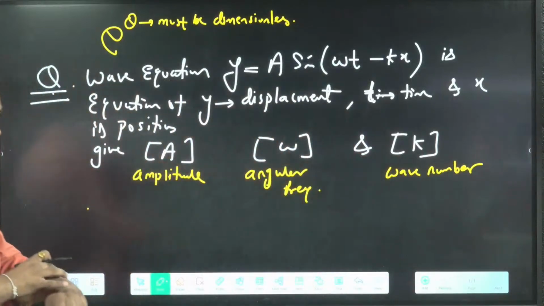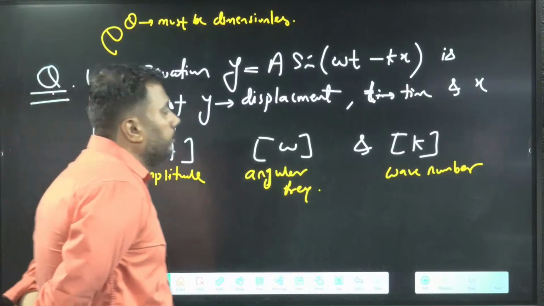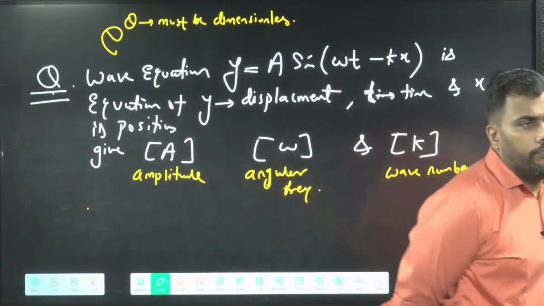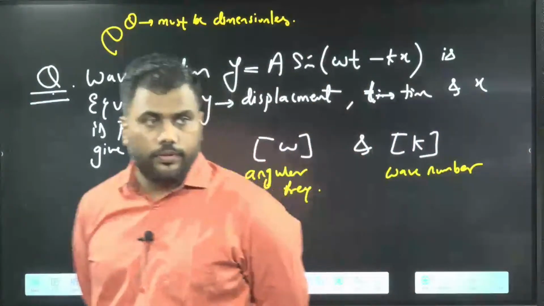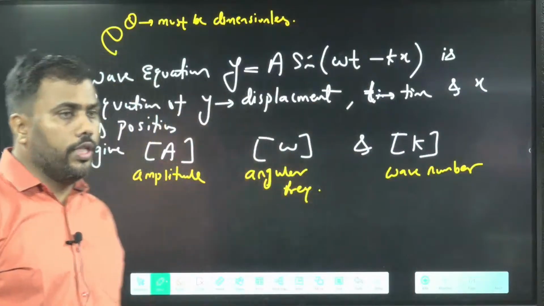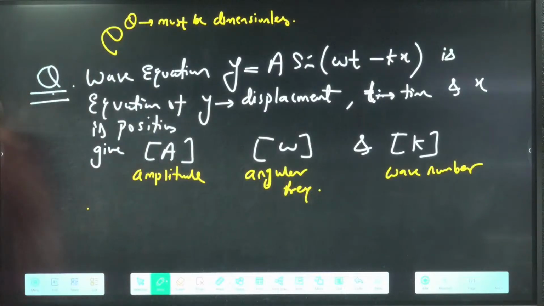We will use our rules to find the answer to this question. Amplitude is L. Very good, Durga. Find dimensions of a, omega, k: dimensions of amplitude, angular frequency, and wave number. No, Durga, sorry, you are wrong.